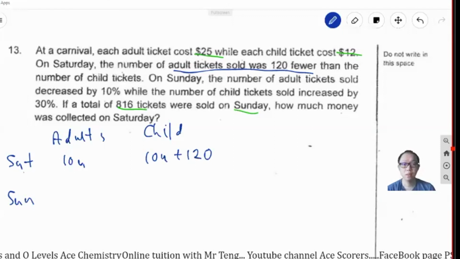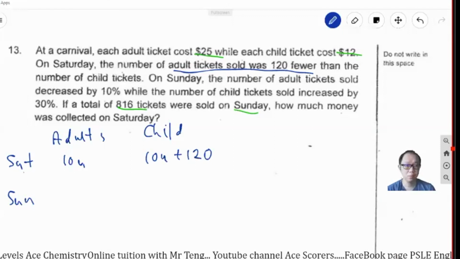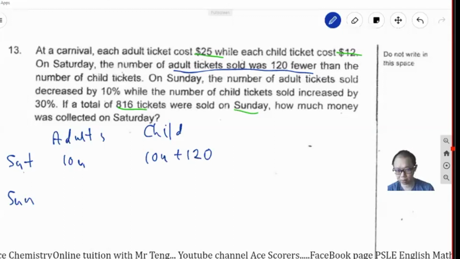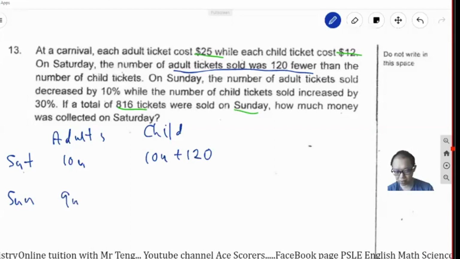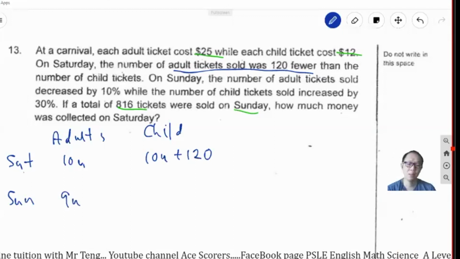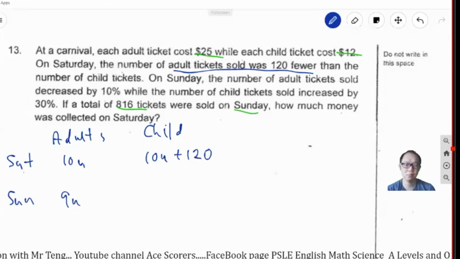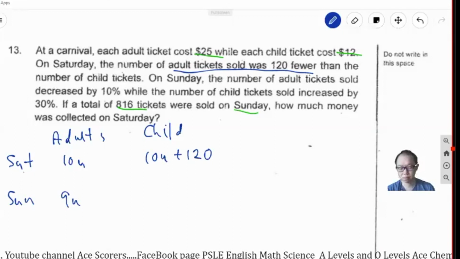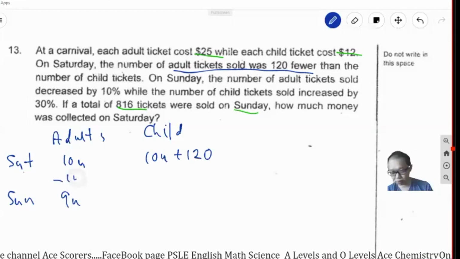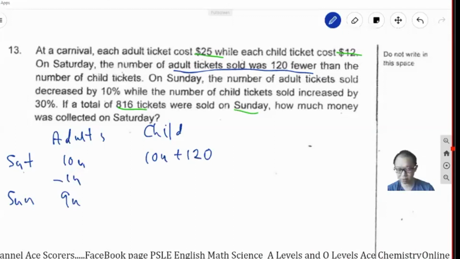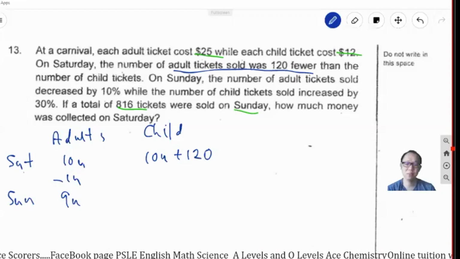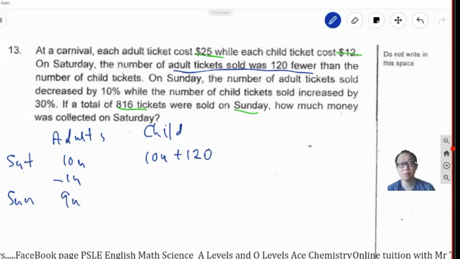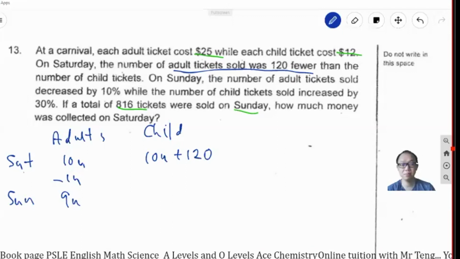So then on Sunday, the number of adult tickets sold decreased by 10%. Now, if you decrease by 10%, that means you only sell 9 units of tickets, right? What's 10% of 10? Is 1. So minus 1 unit. Okay, become 9 units. Minus 10%. You get it? 10 units is 100%.